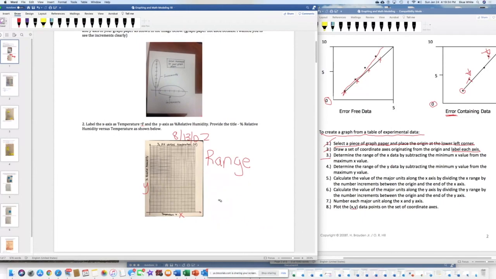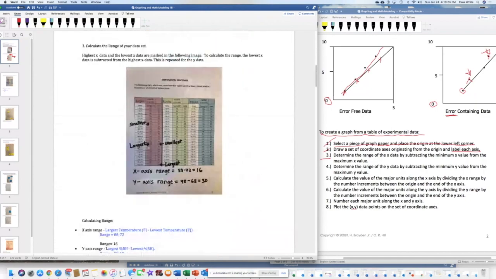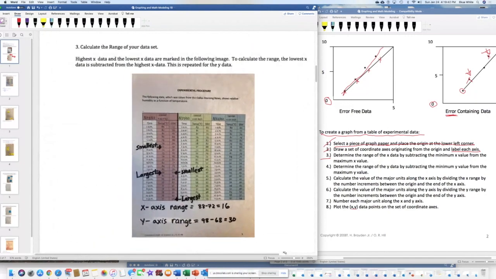So to do that, let me see. I want to leave the directions here. I use your first set of data right here. The directions say determine the range of the x data by subtracting the minimum value of x from the maximum value.